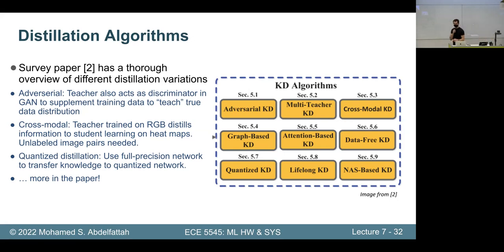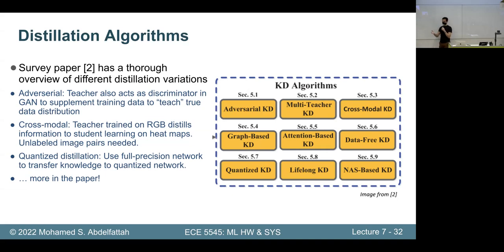Let's say unsupervised training of a neural network. Data-free knowledge distillation just means you have a trained neural network and a student network, and instead of inputting a real image, you just input noise. Just input whatever random values, and then use distillation to still transfer the output to the student.